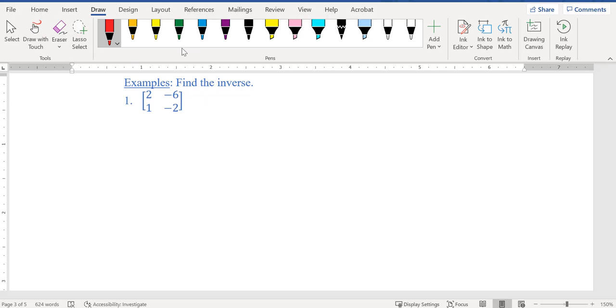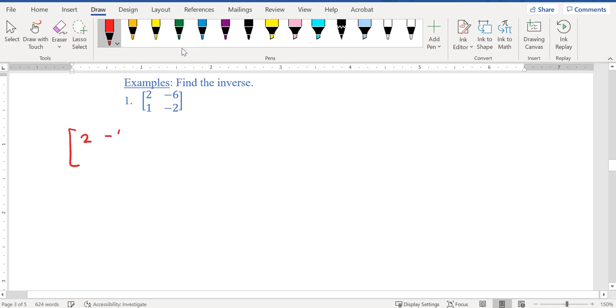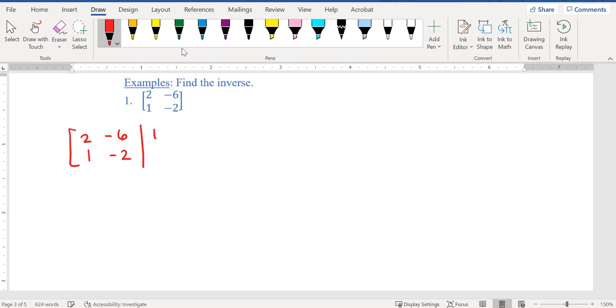We want to find the inverse of this 2 by 2 matrix. We write 2, -6, 1, -2, and then the identity matrix 1, 0, 0, 1. I want to get the left side to be the identity matrix by doing row operations.